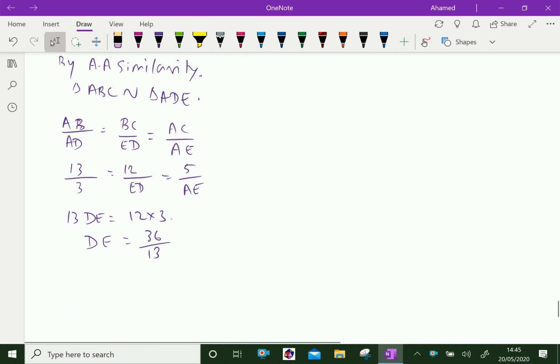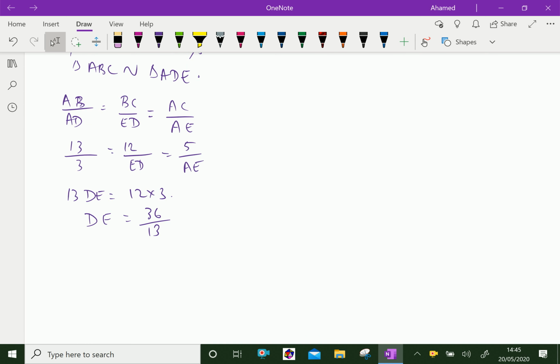DE we found. Next, from the other two ratios we can write 13 over 3 equals 5 over AE.